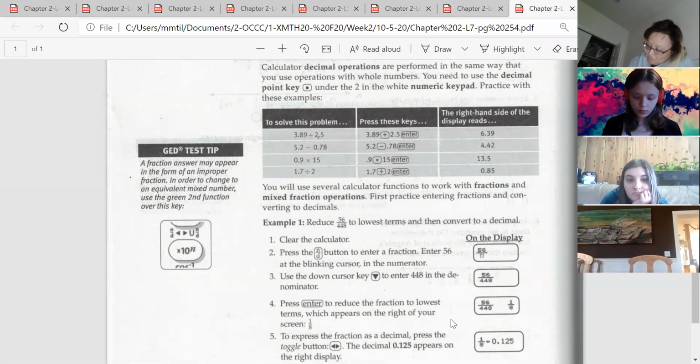To me, it's just one thing you don't need to learn how to do. It doesn't make any sense. If I had this on a test and I said reduce 56 over 448, the way we would do this is like this, okay?